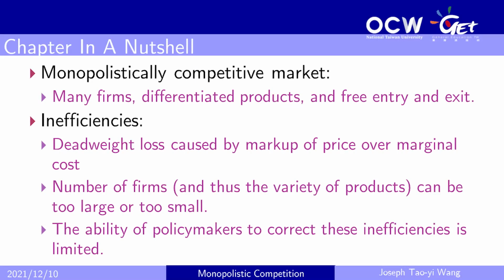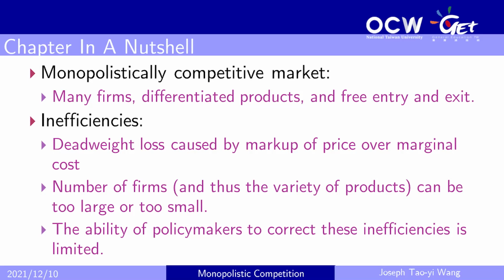Okay, so to summarize this chapter, we talked about a monopolistically competitive market: many firms, differentiated products, and free entry and exit. These firms are like a monopoly, so you have deadweight loss because you're pricing above marginal cost. You have this markup. And the number of firms and products could be too few or too many, so these are sources of inefficiency.